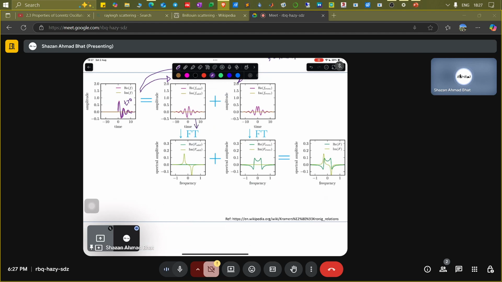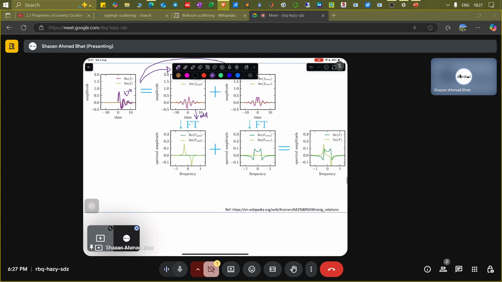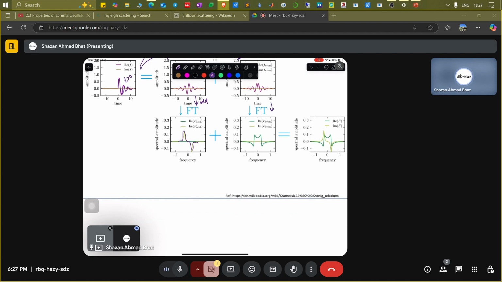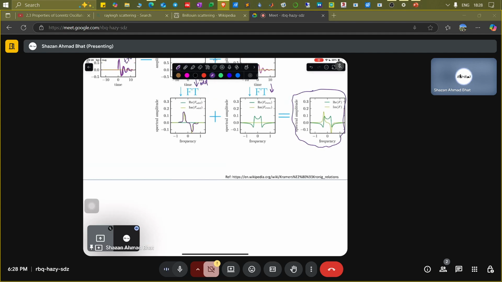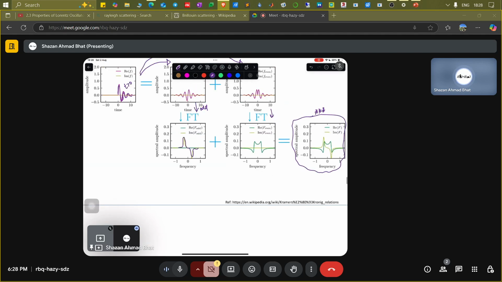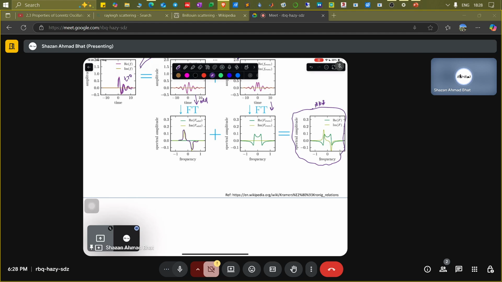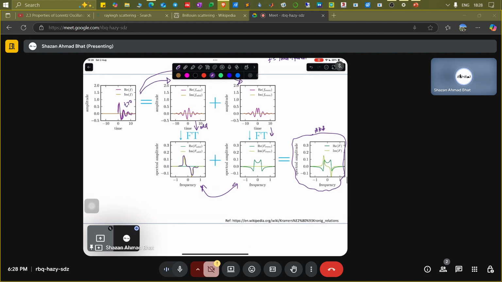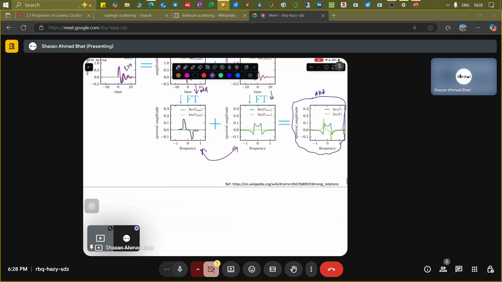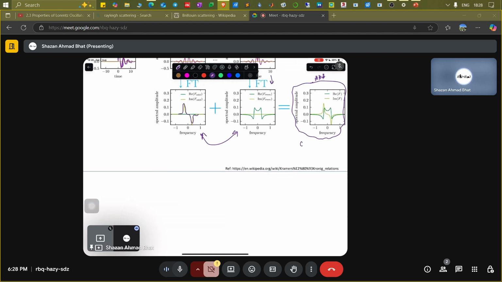If you Fourier transform the odd part, you get this particular function. And if you Fourier transform the even part, you get this particular function. If you combine them, you get altogether a spectral amplitude, which is basically the overall response of the system. The spectral amplitude versus the frequency. You are combining the Fourier transform of the odd part and the Fourier transform of the even part. That is basically the combined epsilon 1 of omega and epsilon 2 of omega. That is the entire notion of the Kramers-Kronig relations.